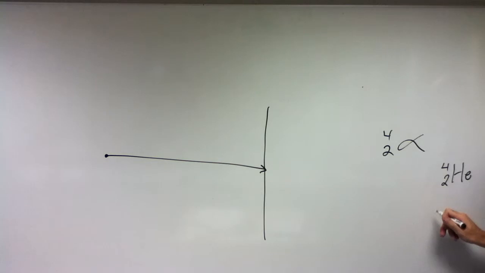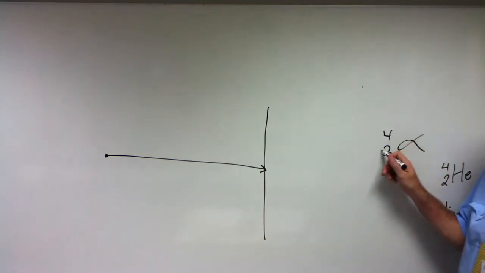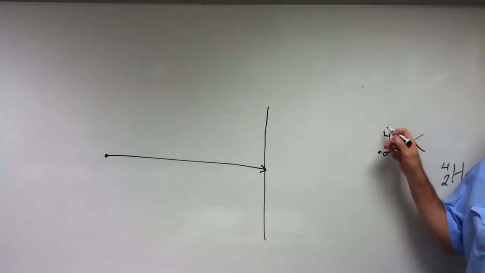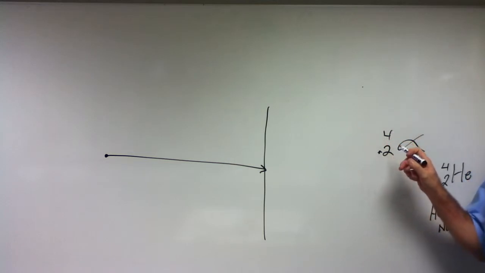It's a helium nucleus. Okay? It's a helium nucleus. That's what an alpha particle is. It has a charge of +2. It has a mass number of 4. It has an atomic number of 2.